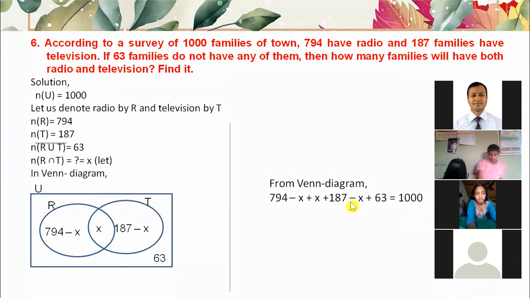What can be cancelled here? Minus x as well as plus x cancel out. We have to add the remaining values: 794, 187 and 63.